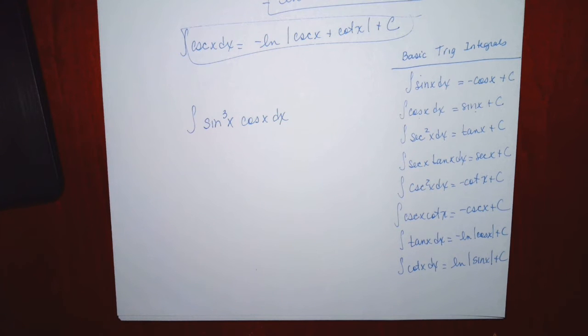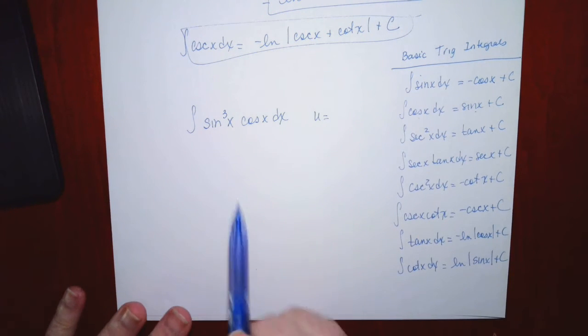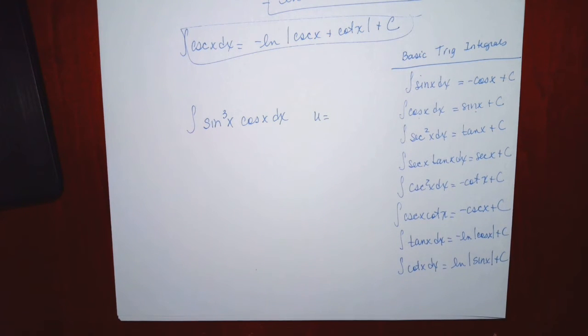Yes or no? U substitution or no? Are you sure? Is one of those functions the derivative of the other one? But thank you for picking an answer, though, and saying something.